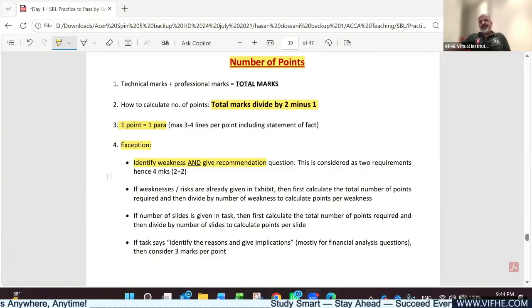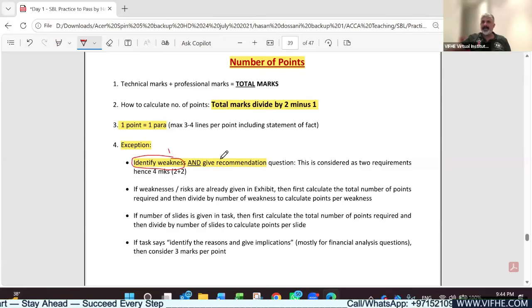So identify weakness and give recommendation. Is this one requirement or two requirements? What do you think? Identify weakness is one requirement and giving recommendation is one requirement.